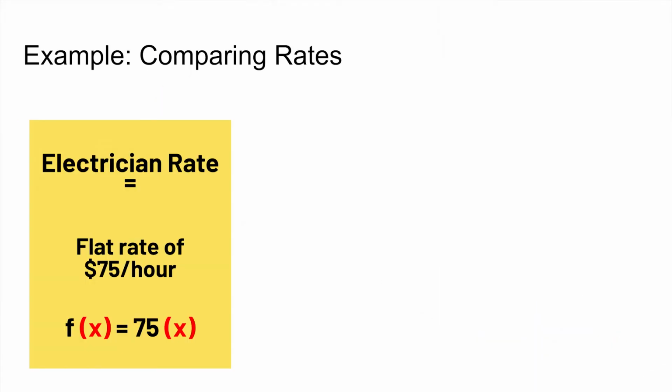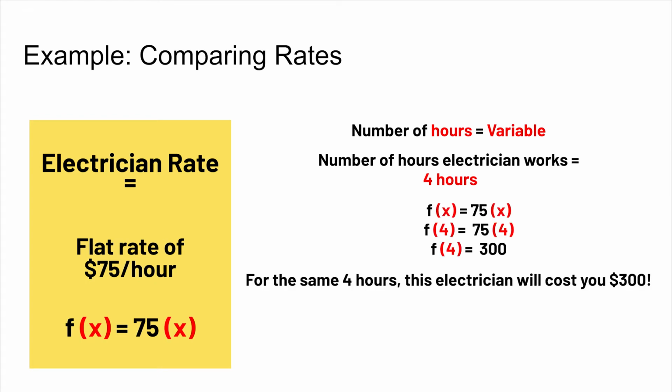Isaiah calls another electrician and her charge is a flat rate of $75 an hour. This function will be f of x equals 75 times x. So for the same 4 hours, she will cost you f of 4 equals 75 times 4, or $300.